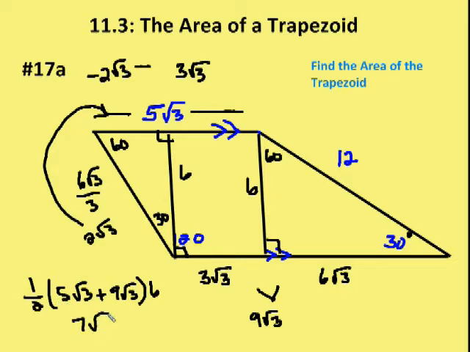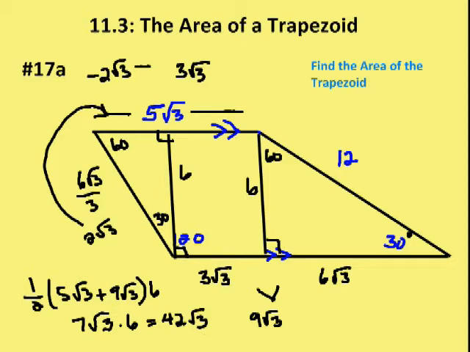So I'm left with 7√3 times 6, which leaves us with 42√3 as your answer.